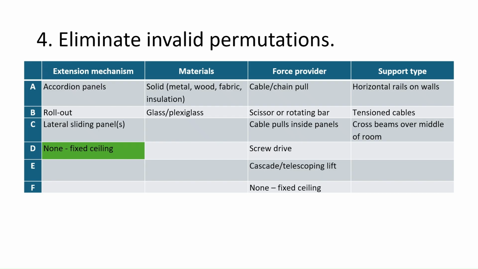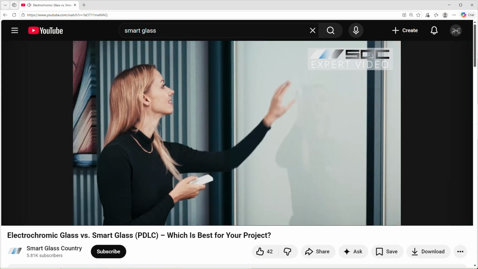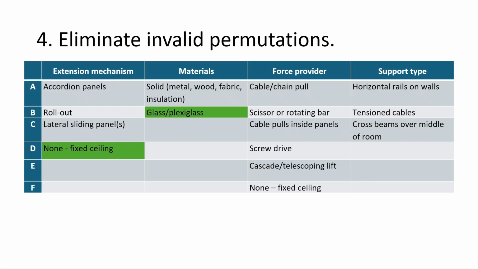In other words, smart glass that can use an electrical current to switch between the 2 modes. It doesn't have a force provider, since it doesn't move, and it will definitely require cross beams through the center of the room because there's no way we can have the entire ceiling be one transparent piece of glass or plexiglass. So I can eliminate all those other combos from the extension mechanism.